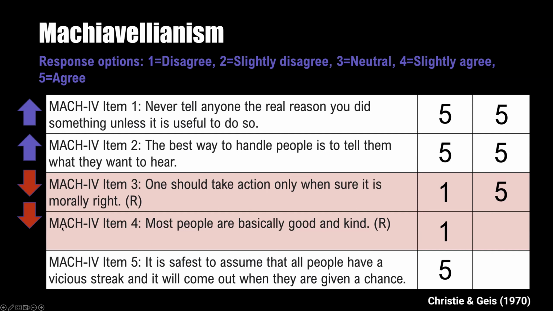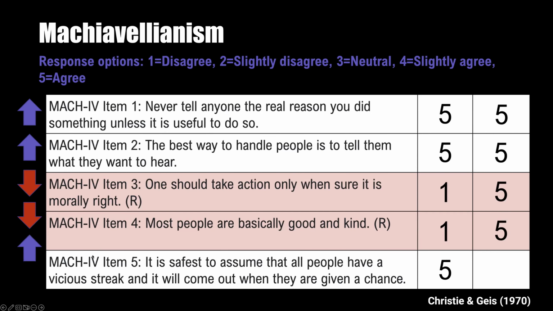Now item 3 is also reverse scored. You can think of it as the arrows pointing down, going in the wrong direction. Most people are basically good and kind. If you agree with this, or strongly agree, because that's our highest option, that would indicate low Machiavellianism, right? So we need to reverse score this, and that becomes a 5.